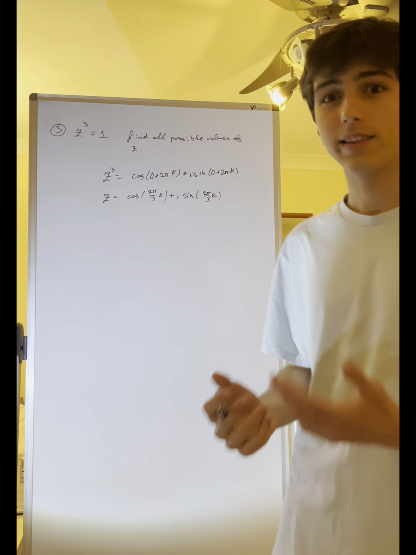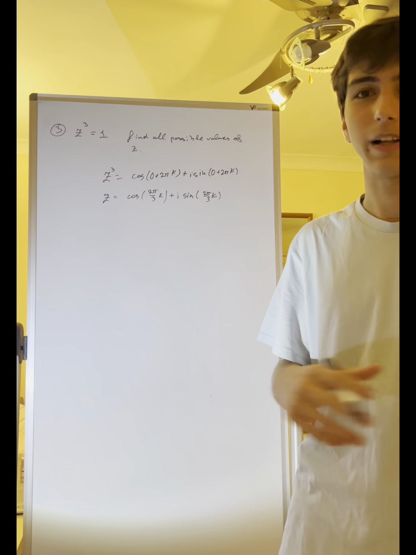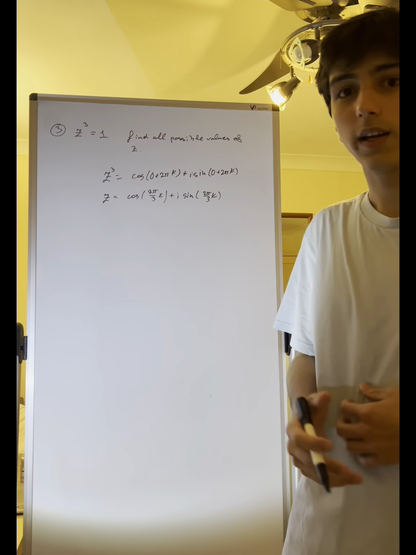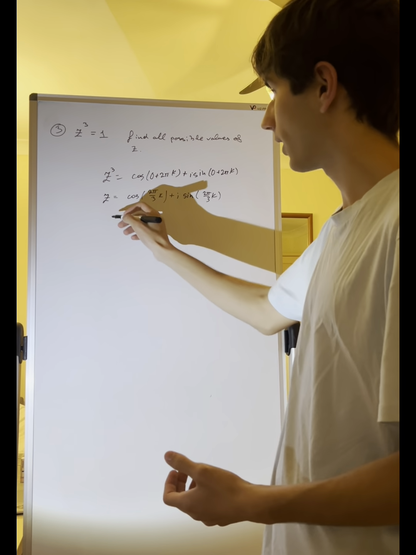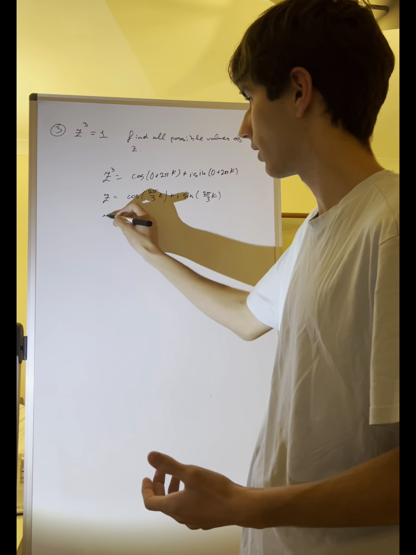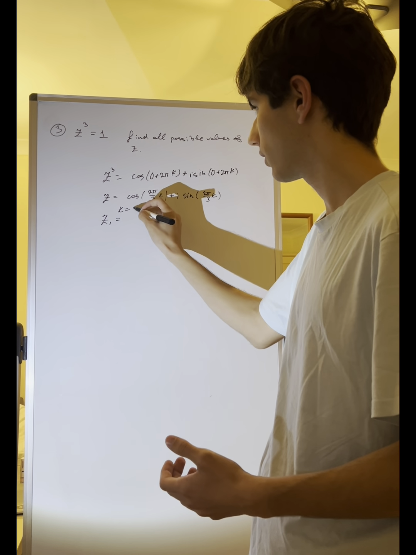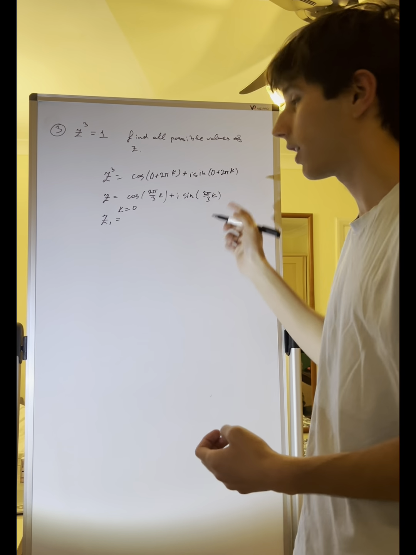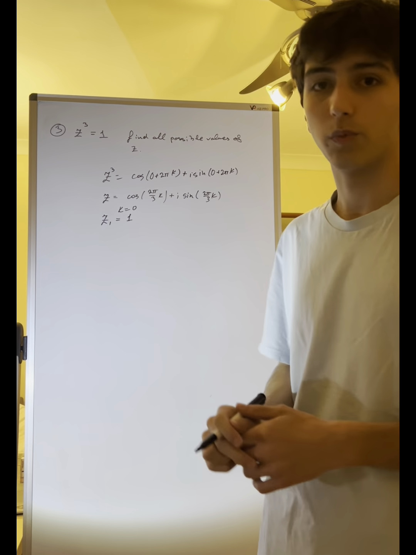Okay, now we can put also k is an integer, right? k is values like 0, 1, 2, 3, 4. And now we can find our values by just putting values in for k. So let's say k equals 0. Well, k equals 0, we're going to have cosine of 0 plus i sine of 0, which is going to give our first solution of 1.